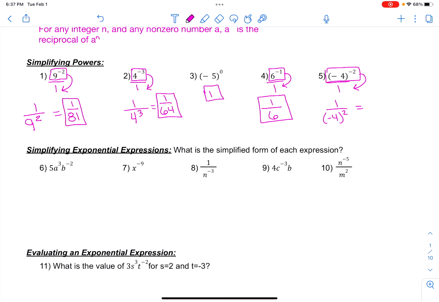And then again, whenever we are putting this in our calculator, so this is negative 4 squared, that means we are doing negative 4 times negative 4. If you just plug negative 4 squared into your calculator without those parentheses, it will give you the wrong answer. In this case, negative 4 times negative 4 is a positive 16. So just be really careful with that one whenever you go to plug it in.